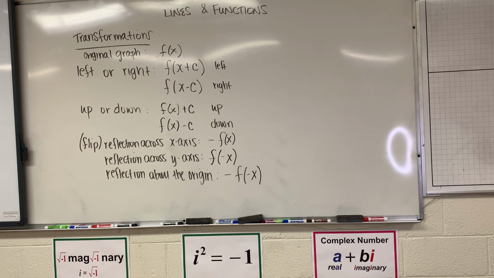So if it's over here in quadrant 3, then it gets reflected back up into quadrant 1. So that's what it means to reflect about the origin. The center is the origin that reflects around it. Okay, so that's your transformations.